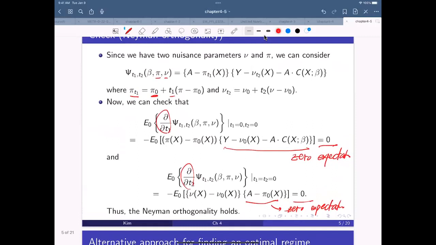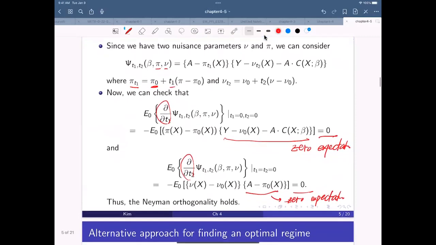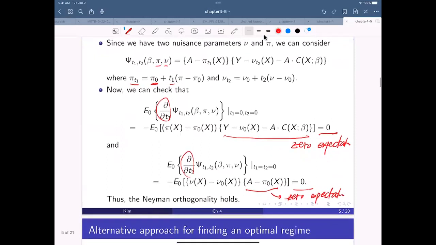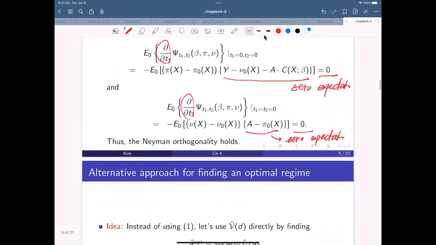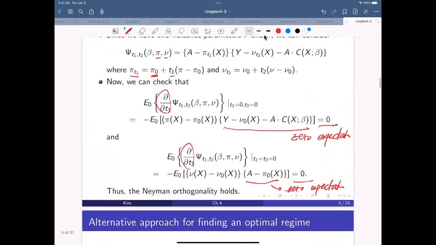So pi null and nu null is true, but this is anything, right? Basically this is somewhere between the two. Right, pi null and nu null only depend on X. Right. Okay.